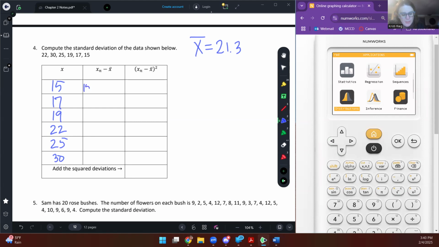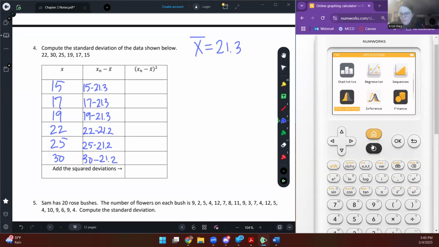We have 15 minus 21.3, 17 minus 21.3, 19 minus 21.3. Do you see the pattern here? Every number in the x column minus 21.3. Now that we've gotten to 22, we have a bigger number in front, so we're going to start getting some positive values, but keep subtracting 21.3.